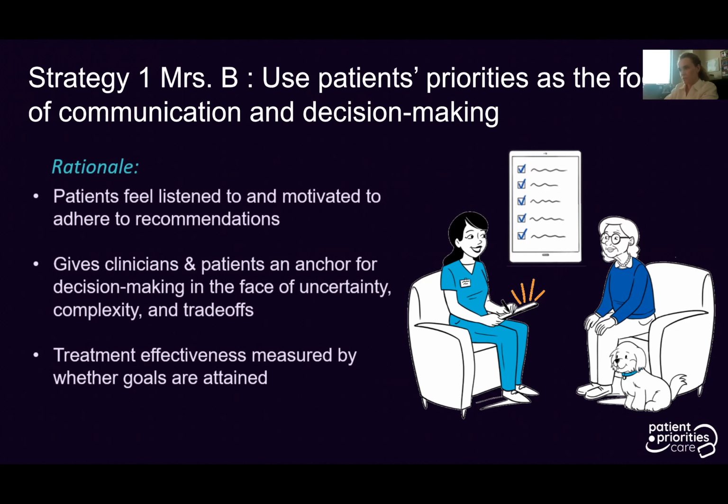So we're using these different priorities as the best anchor to guide our decisions, as a way to motivate our patients, so it's something they're going to be willing to do, and for measuring whether or not something is effective, because we're actually able to get to priorities. Let's go to the next slide.